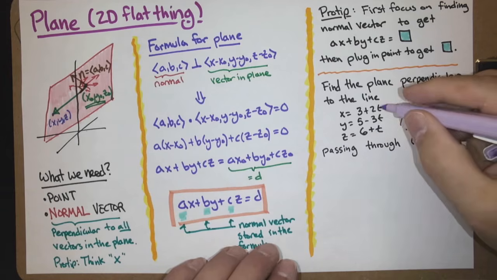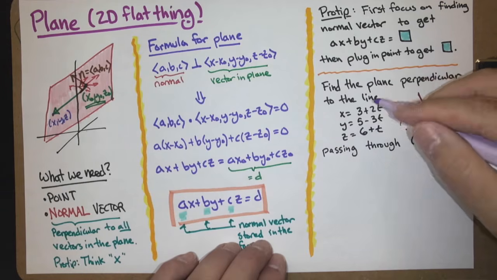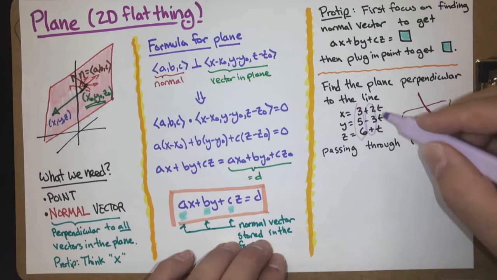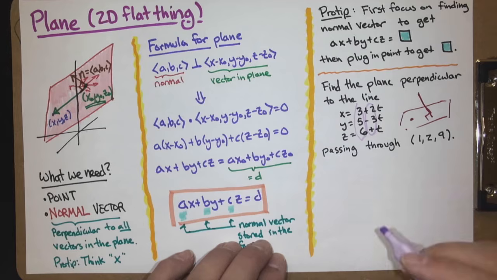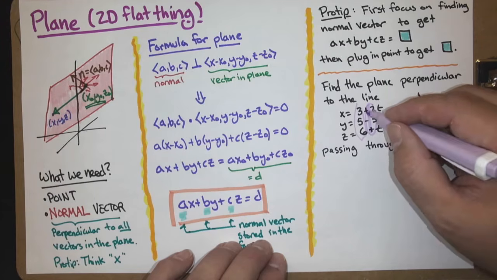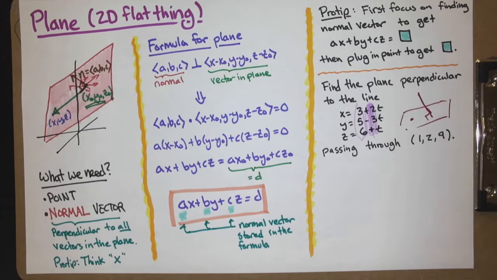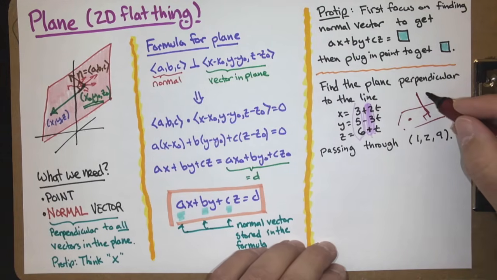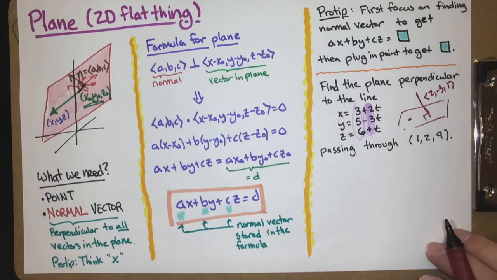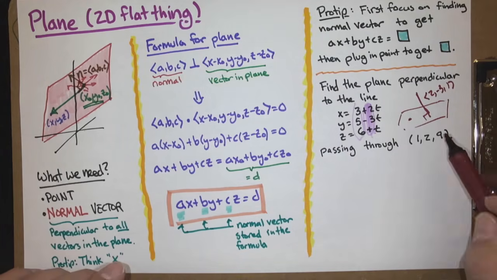Yeah, the direction vector of the line. Now, which one of these two is the direction vector? The 3, 5, 6 or the 2, minus 3, 1? How do you know it's the 2, minus 3, 1? What's special about that? Has the t. The part where the t is, that's the part which is the direction vector. So we say, hey, we know the direction vector of this line, at least one of them, is 2, minus 3, 1. That line is perpendicular to the plane that we're after. So what's the normal vector to our plane?